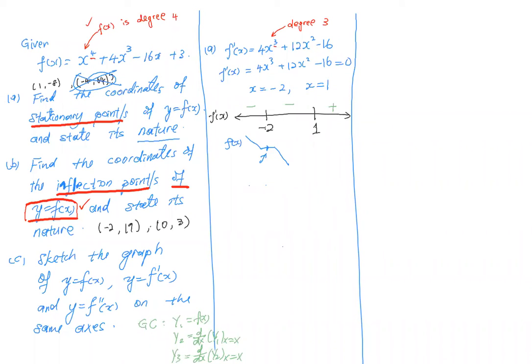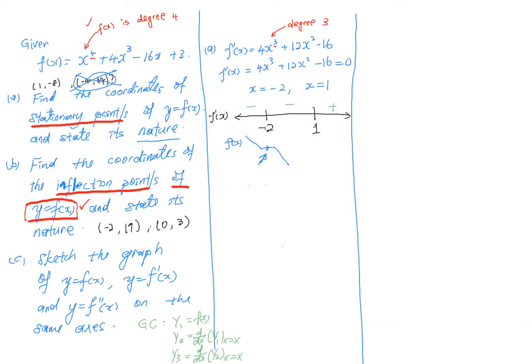What do you call this point? Local max? This point I'm pointing here, how to be local max?